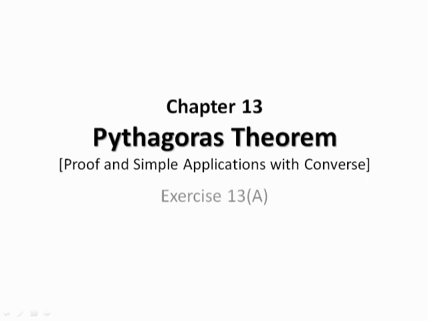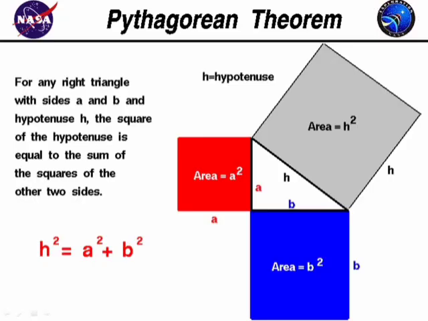The statement says, for any right triangle. I'm not going to explain the statement for now. Whenever we deal with Pythagoras theorem, first and foremost, we need to keep in mind that we always work with a right angled triangle. For example, you see here this triangle.